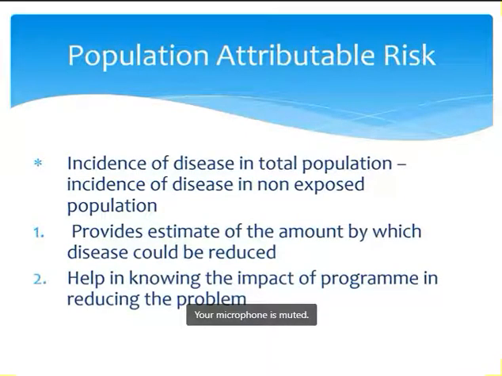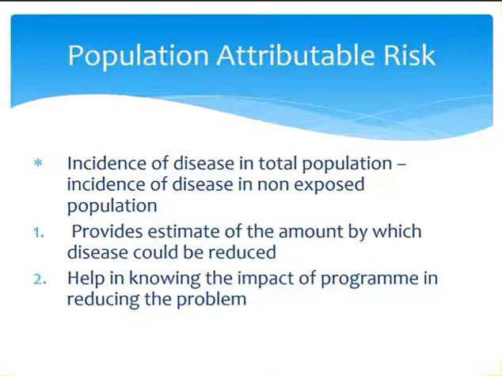Now we have another concept which is known as the population attributable risk. This population attributable risk is the incidence of disease in the total population minus the incidence of disease in the non-exposed population. Now why do we want to know this? We know that there's a very strong lobby that is working towards a ban on smoking.